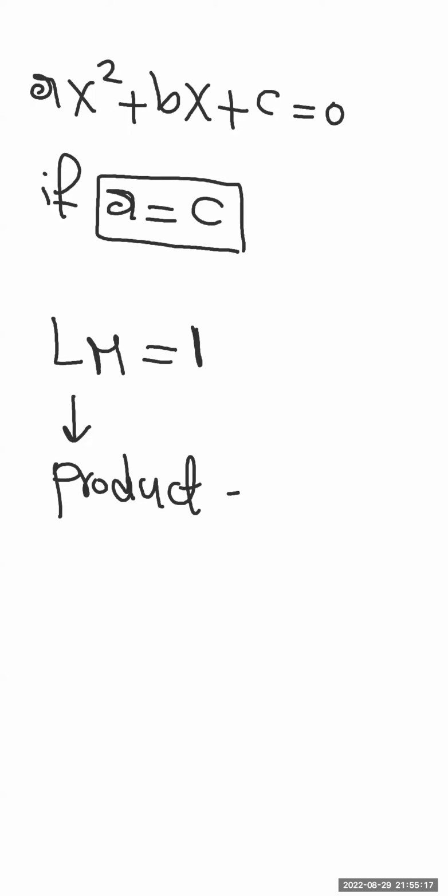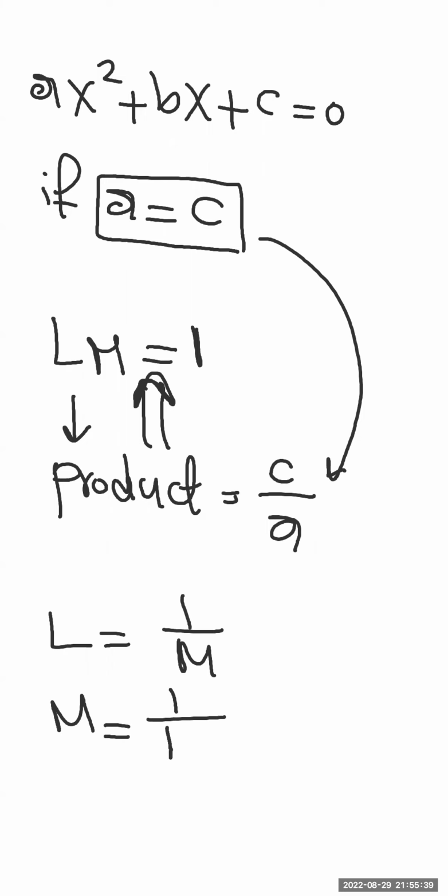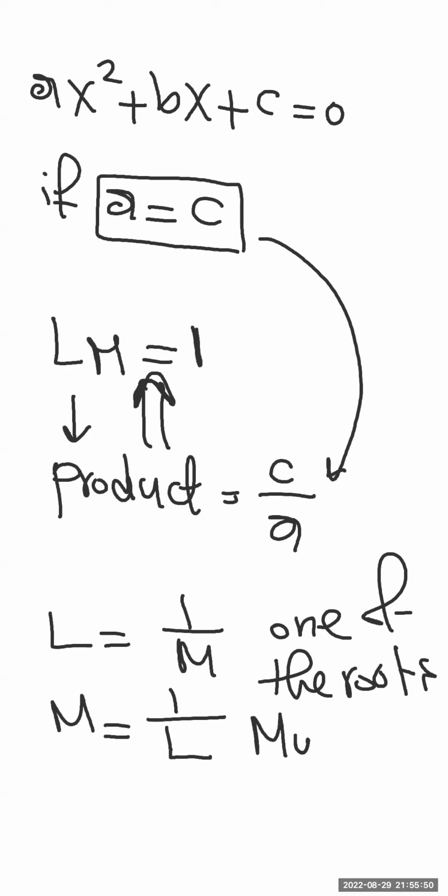Because the product equals c over a, and we said that if a equals c, then the product will equal 1. So this means L equals 1 over M, or M equals 1 over L. So simply, one of the roots is the multiplicative inverse of the other.